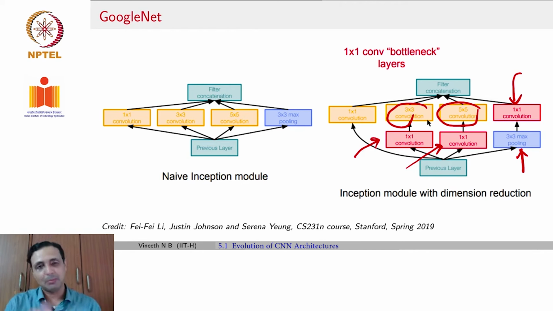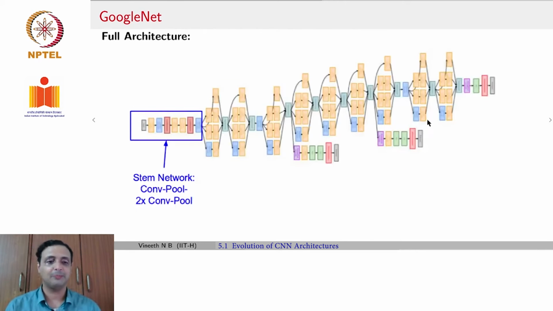So for every channel, the number of channels remains the same. So they first do the max pooling and then do 1 cross 1 convolution to reduce the number of channels. And this Inception module brings down the computations, but increases the efficiency of the GoogLeNet.